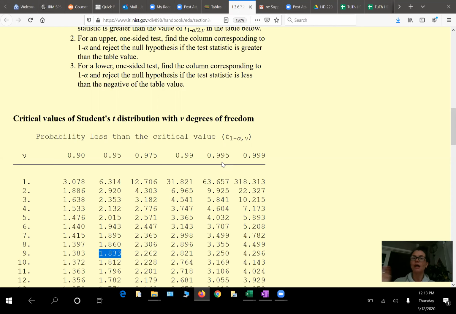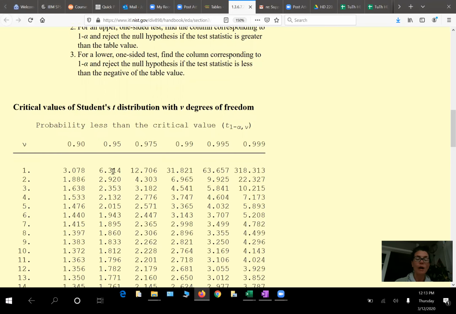It's greater than. All of that 5% in our alpha is shoved to one tail. We can use the 95% column. If it was two-tailed, we'd have to partition that 2.5% out to each tail, and we'd use the 0.975. But since all 5% are in one tail, we use the 0.95 column, and our degrees of freedom are n-1.